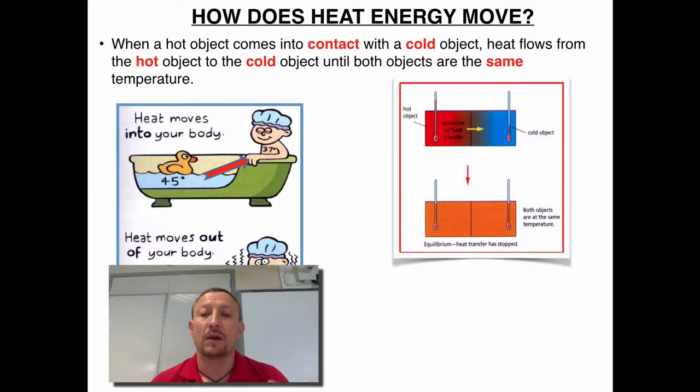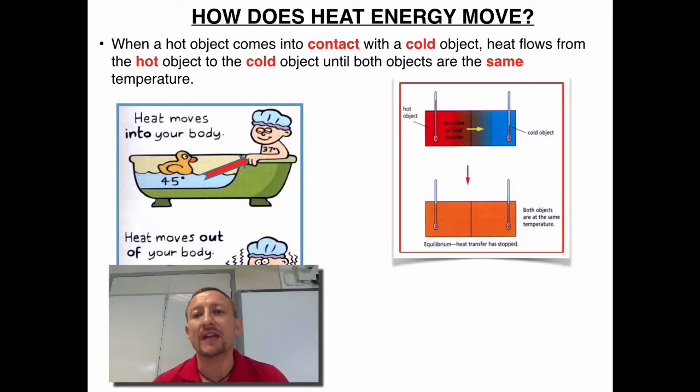Another example is shown here in this diagram. If you look at the top situation, we've got a hot object. Now you can see that that hot object has caused the thermometer to rise, so we would call that a high temperature. And what will happen is that the heat will move from that hot object through into the cold object, the area denoted by blue. And we can see that the thermometer there is very, very low.